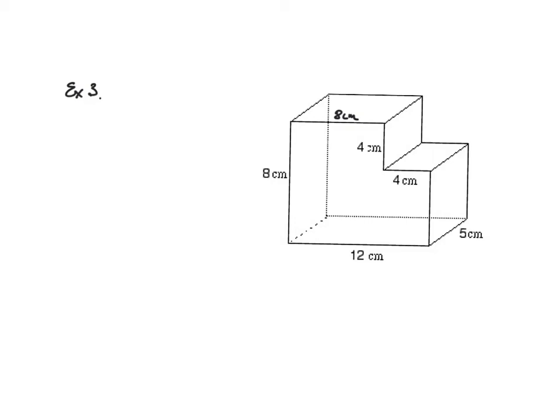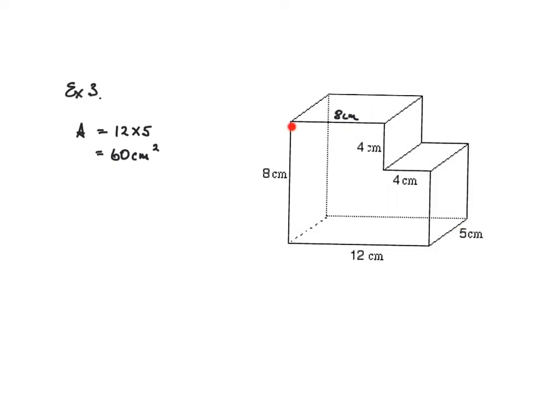What I'm going to do is to work out the area of the base. That's going to be 12 times 5. So area of the base is 12 times 5, and that's 60 centimetres squared. Well, there's something that I haven't done yet. This dimension here, which is necessary to work out the area of this face.